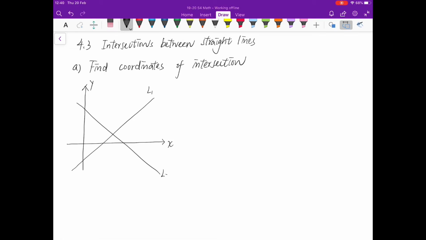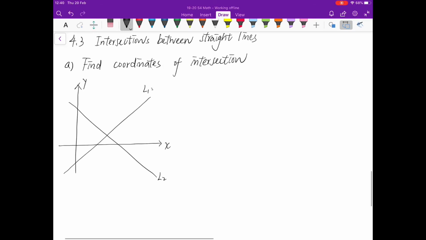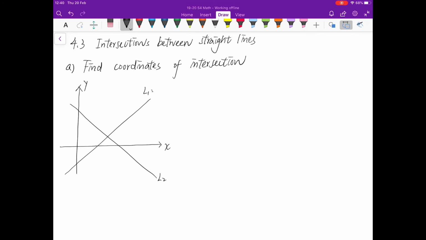I mark them as L1 and L2. For L1, we will consider the equation a1x plus b1y plus c1 equal to 0. Similarly, for L2, we have a2x plus b2y plus c2 equal to 0.